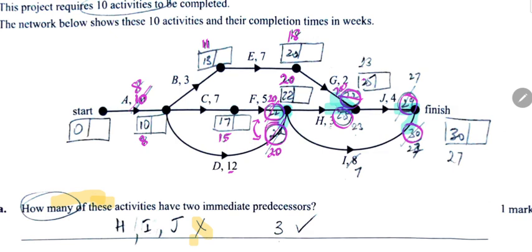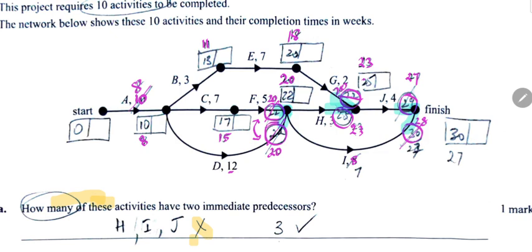Now 20 plus 3 is 23. So a reduction in A has caused the new early start time for J to be 23. Now 23 plus 4 is 27. If we come along I, 20 plus 8 is 28.